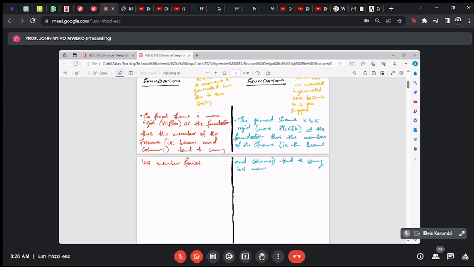Sorry, not less, more. More is not a good word; larger is a better word. Larger member forces.